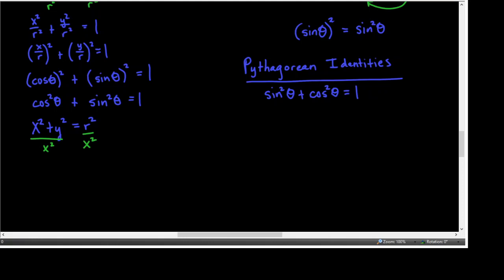Okay, so if I do that, that's going to end up being x squared over x squared plus y squared over x squared equals r over x quantity squared. And so x squared divided by itself is 1. I'll rewrite y squared over x squared as y over x quantity squared. And I've already done that on the right side.